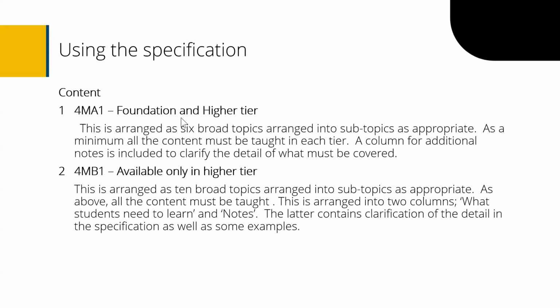This is the content that centers must deliver to all students that will then sit the exam. You can also see that in one of them we have foundation and higher, the 2 tiers. In the other one, it's only a higher tier. And again, when I touch base on this, I'll say some of the benefits and perhaps some of the disadvantages or drawbacks of having some of your students sit either one of these.